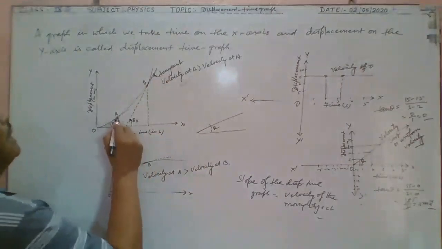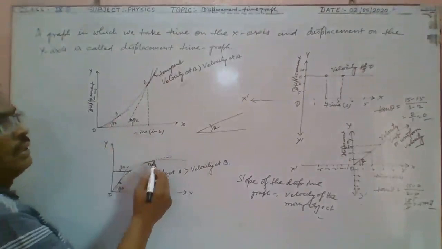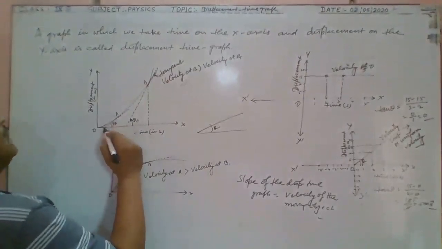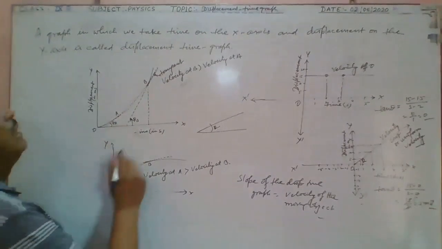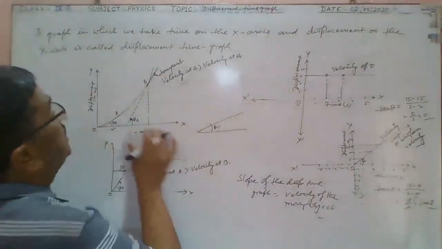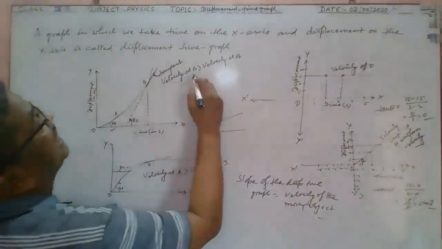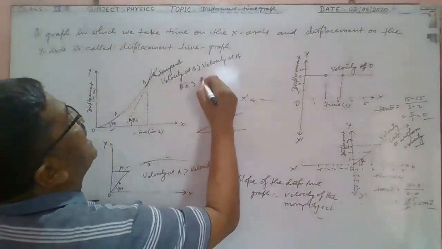Similarly, if you want to find the velocity of the body at point A, for that we draw a tangent on that curve, and that tangent makes an angle of theta A as shown in the figure. Here from this graph it is clear that theta B is greater than theta A.